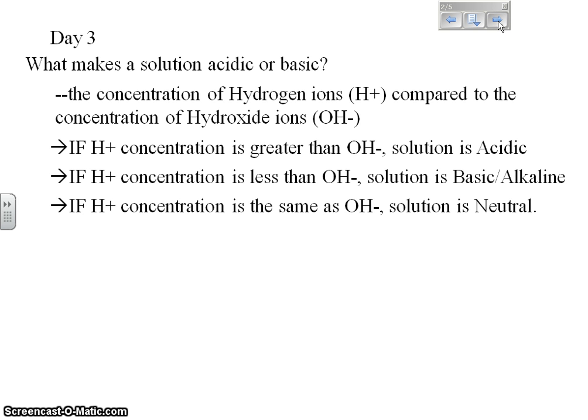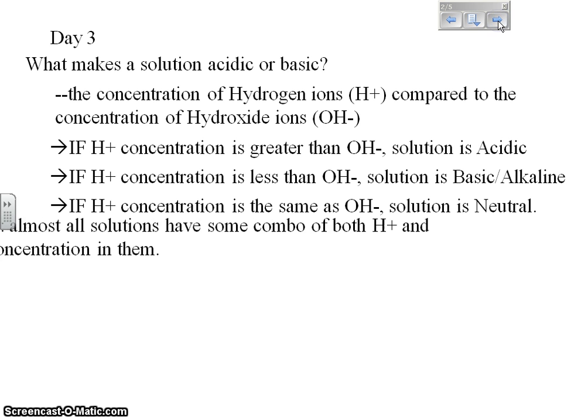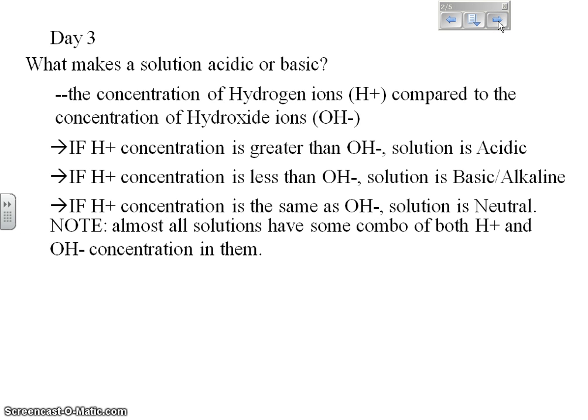If both of those are equal, then we have what is known as a neutral solution. Okay? Note, almost all solutions have some combination of both H positive and OH negative in them. So whoever has more wins the battle.